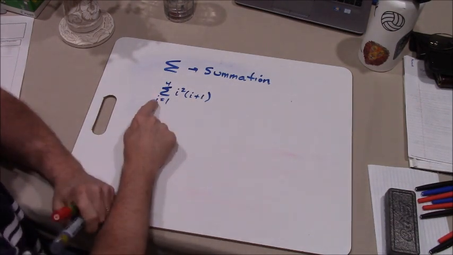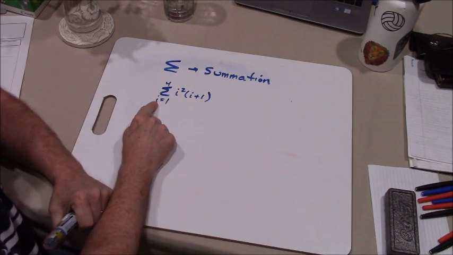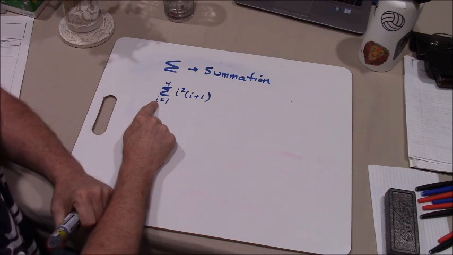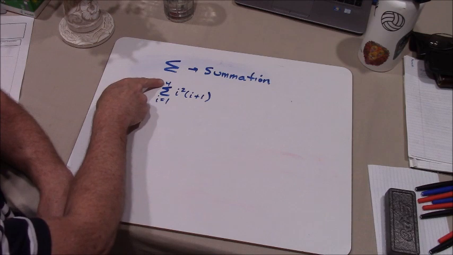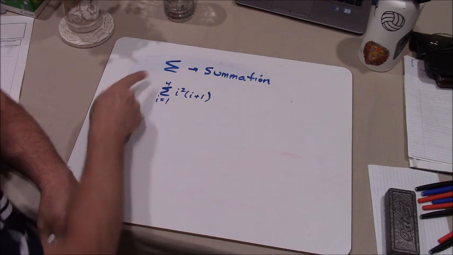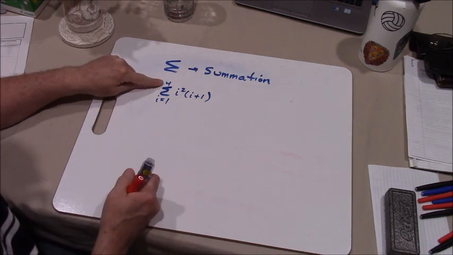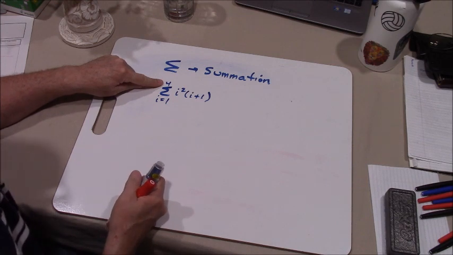Now, when you do a problem like this, this i is a counter, and it counts by integer values. There's no decimals, there's no fractions. First i equals 1, then it's going to be 2, and then 3, until we get to 4. And once we get to 4, we stop. So the top number here is telling us what the stopping point is.